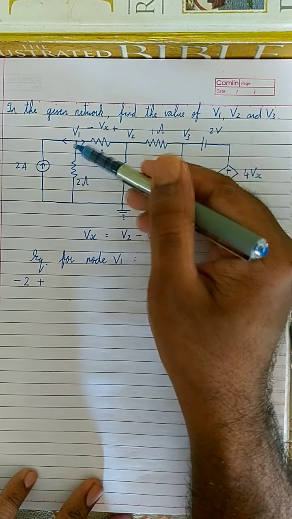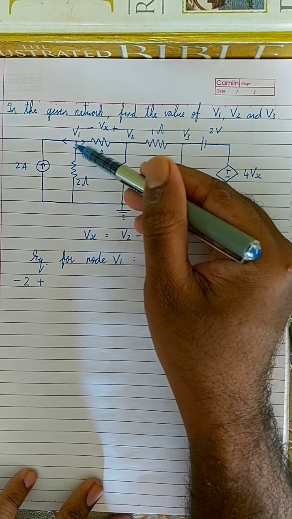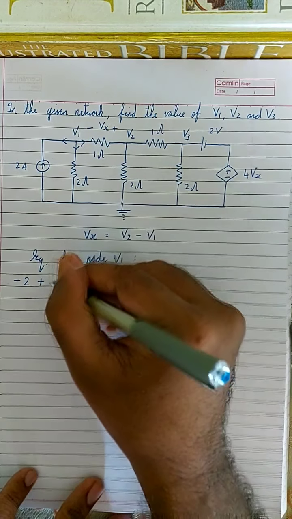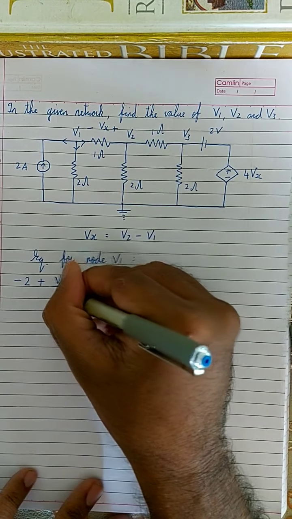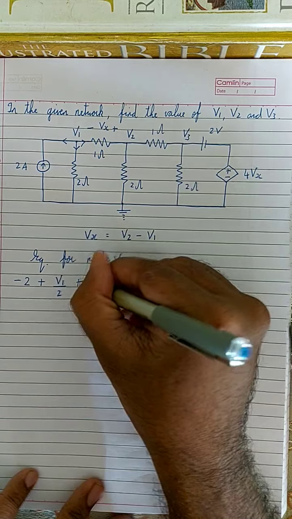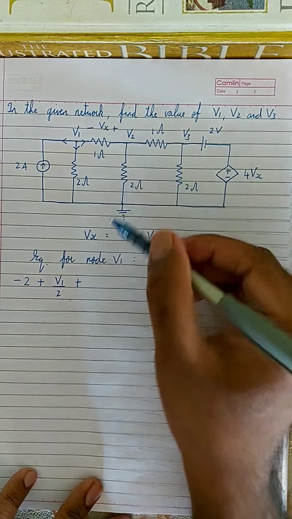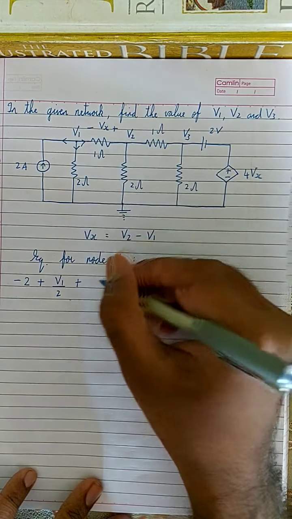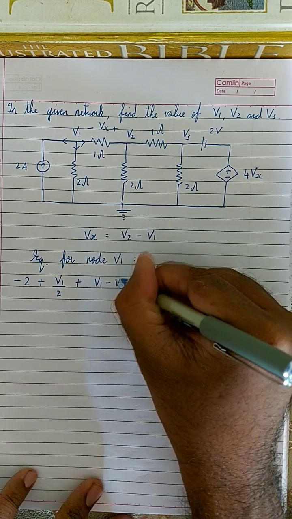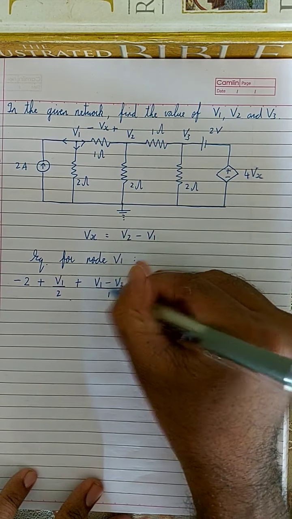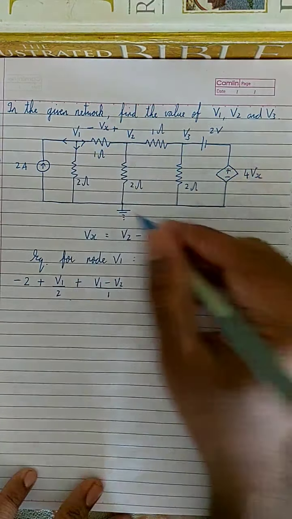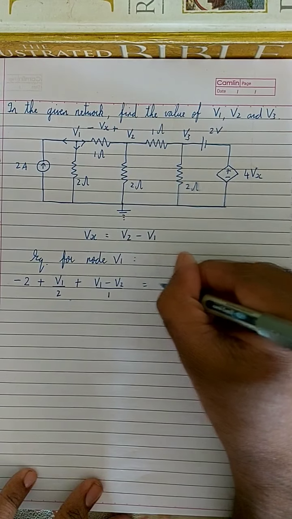Okay, plus, now what is the current through this branch? It is V1 minus 0 by 2, which is nothing but V1 by 2. Plus, what is the current through this branch? It is V1 minus V2 by 1. That's it, right? Only 3 branches. So no voltage source or anything. So it will be equal to 0.